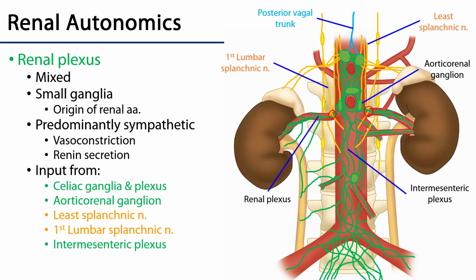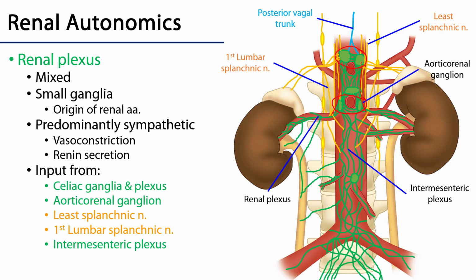In terms of inputs from various sources, the celiac ganglia and plexus are going to provide fibers down to the renal plexus. Also, the aortico-renal ganglia on either side will provide inputs to the plexus as well.